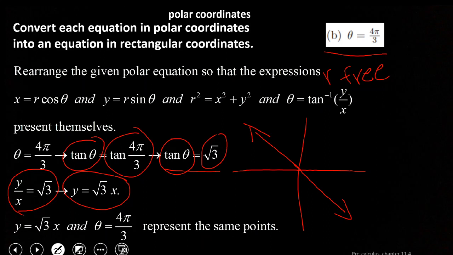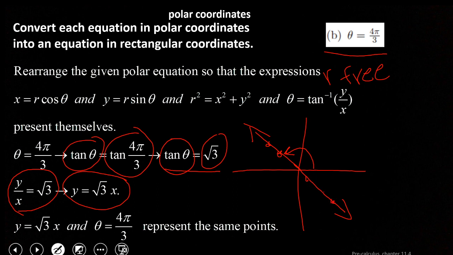So if theta is fixed to be 4 pi over 3 and r is free, then you can't make any other angle except for this one, and you're stuck right here. You just have to go to different r's, and r is free to move, so you go to different r's here, whatever.